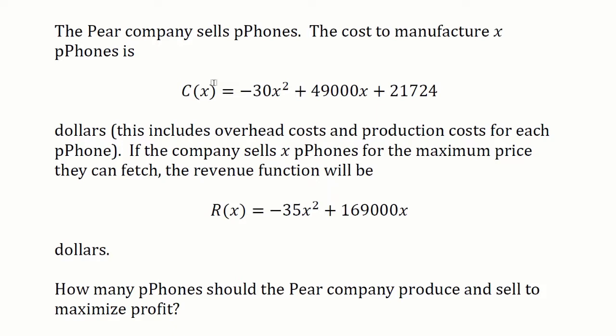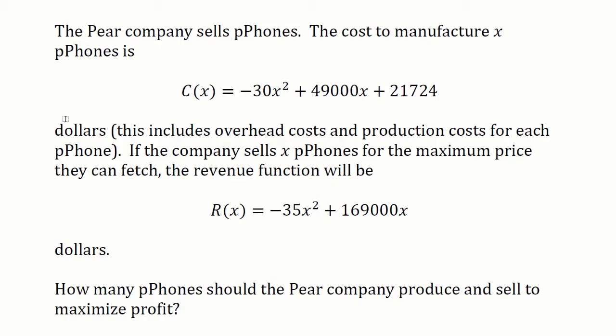Of course, outside of the business major, viewers may have to spend a little time trying to understand what these functions, the cost function and the revenue function, are. Okay, so let's get started.